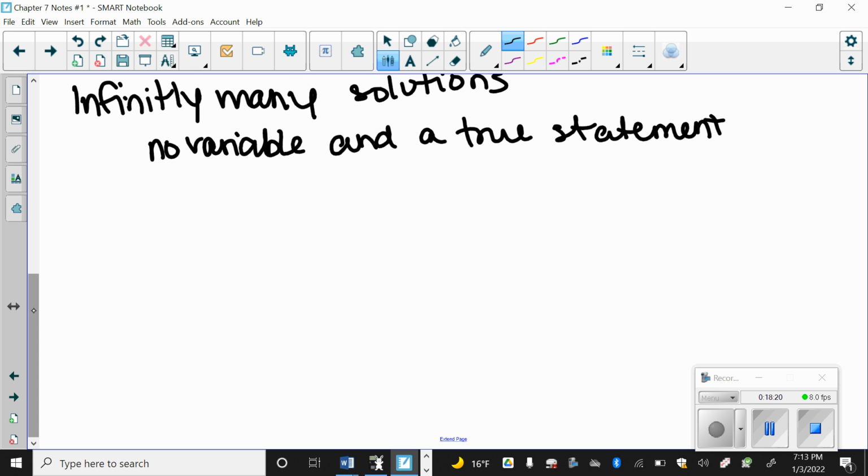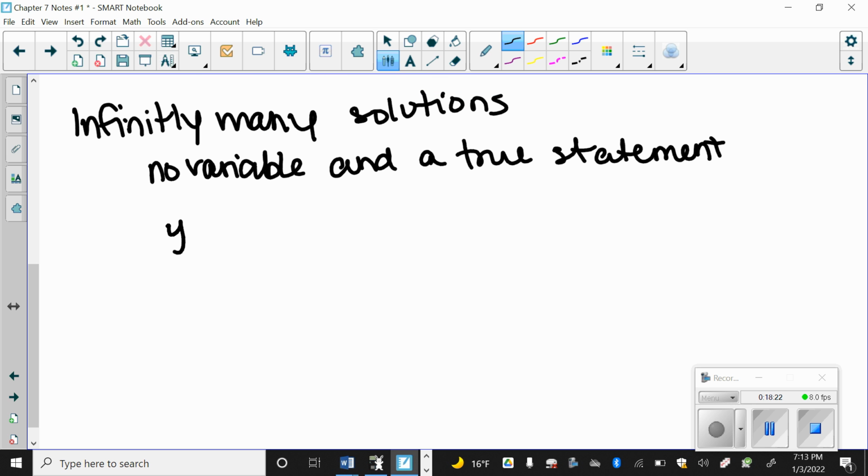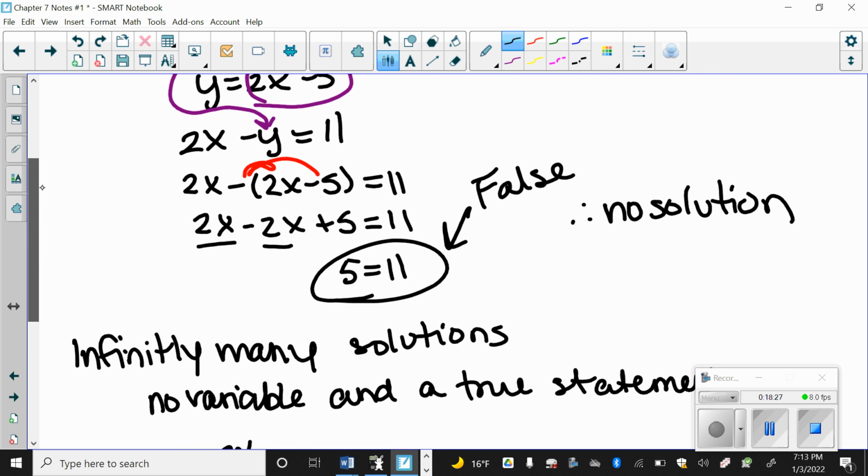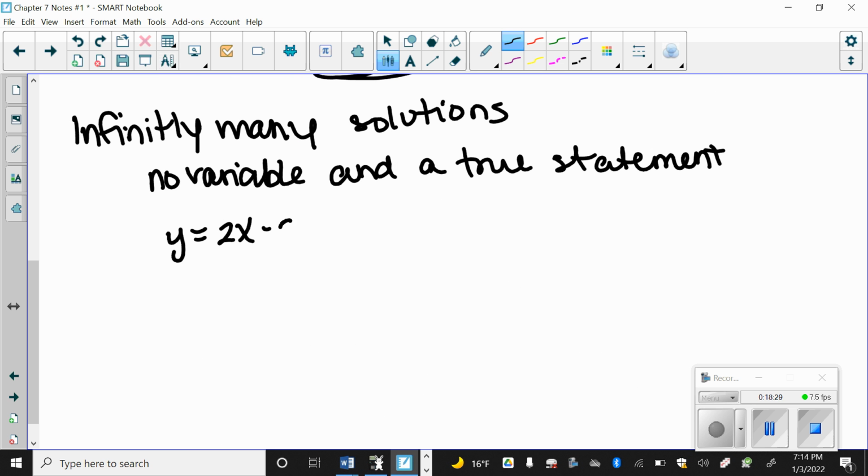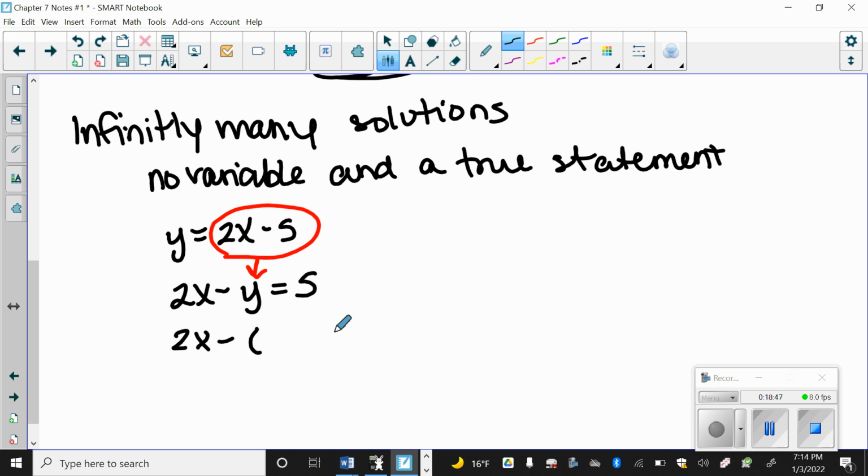So if you have y equals 2x minus 5, and you have 2x minus y equals 5. We have y equals 2x minus 5, so we substitute that into the other equation for y. So that's 2x minus y, but we take y out and we substitute in 2x minus 5.